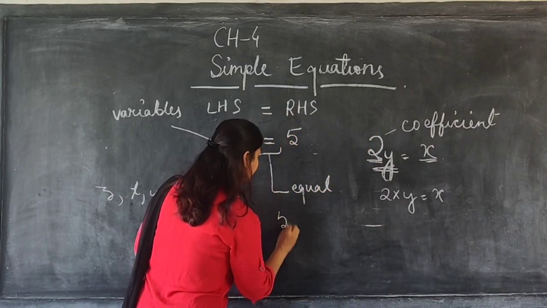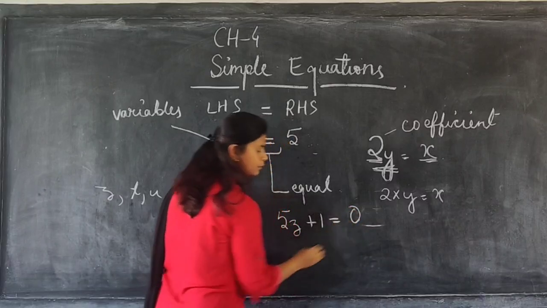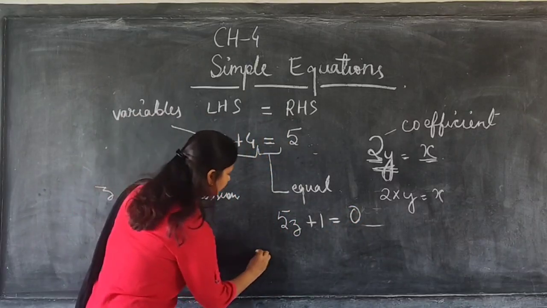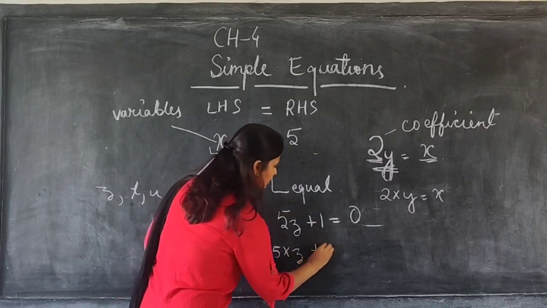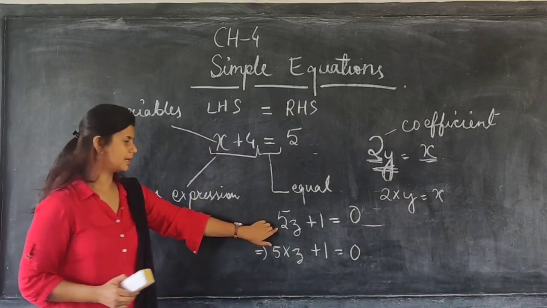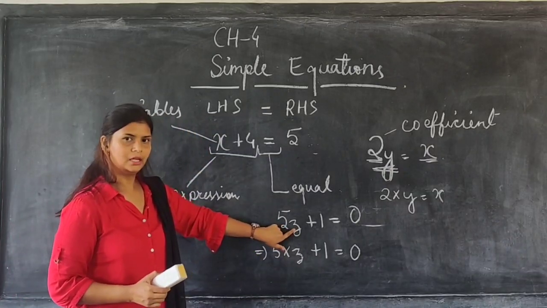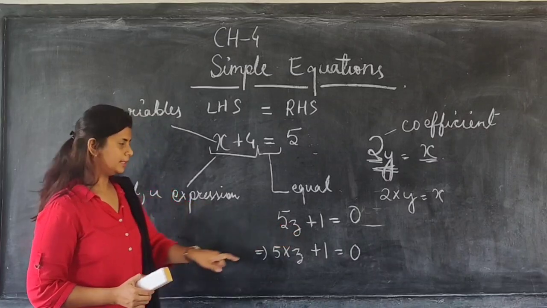And also write 5z plus 1 equals to 0. So what does this mean? This means 5 into z plus 1 equals to 0. So this coefficient gets multiplied with your variable. This coefficient only gets multiplied with your variable.